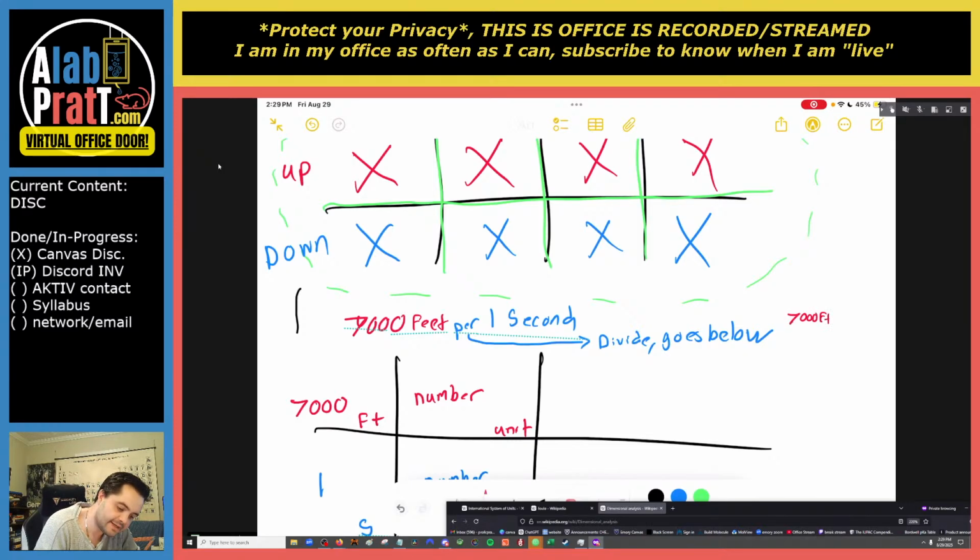Another way to write this would be 7,000 feet to the power of 1 times 1 second to the power of -1. It's that -1 that makes me know when I'm setting this up, it goes into the bottom of the lattice. And so I go down here for a second and say, okay, great.